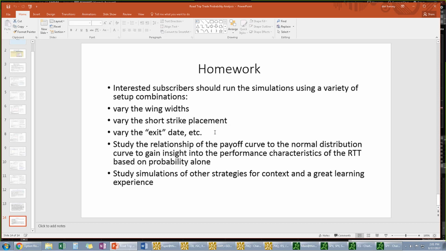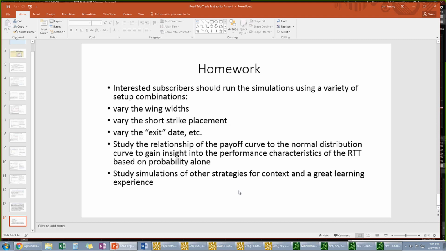Maybe pick a period where the volatility is a little bit higher. Take a look at the payoff curve relative to the bell curve, and you can play around with where you put the short strike. And you should also take a look at some other strategies and see how badly they're going to perform on a probability basis.